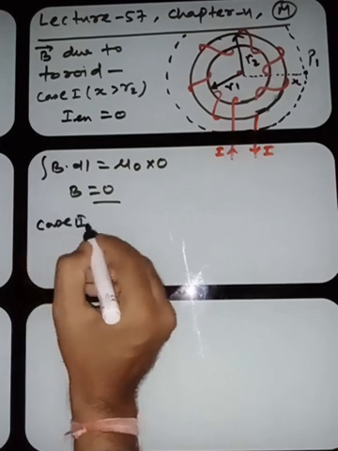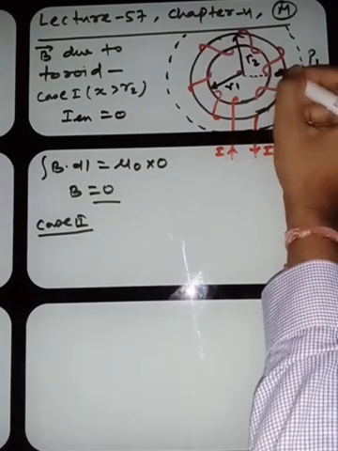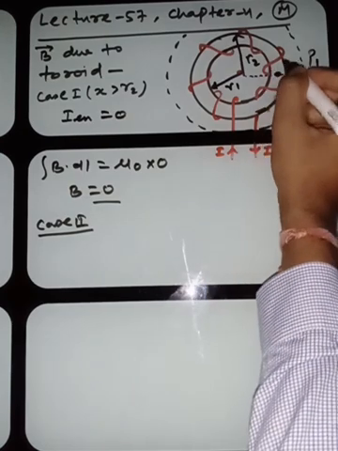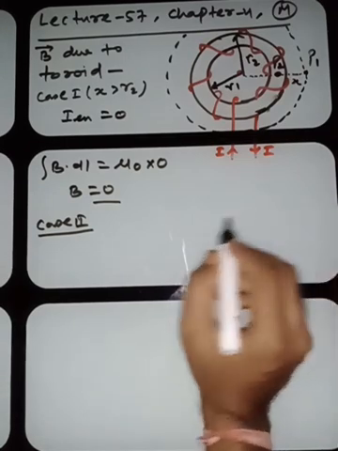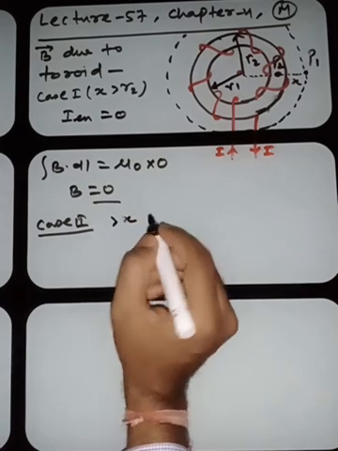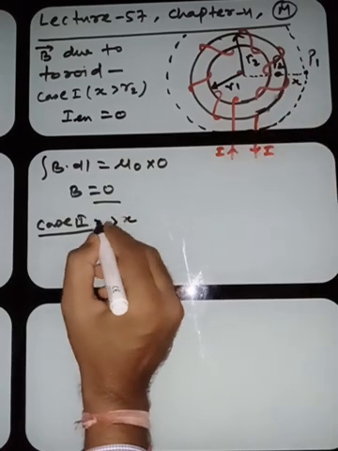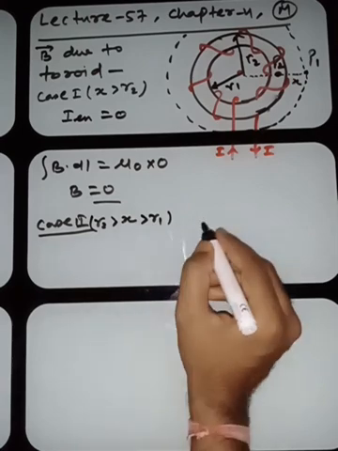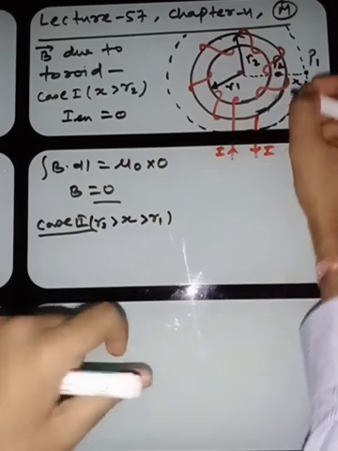Case 2, my dear student: if we consider any point in between the space of the toroid, somewhere here, the point P2, it means x is less than R2 but greater than R1, for point P2. Now here you will go inside this toroid.